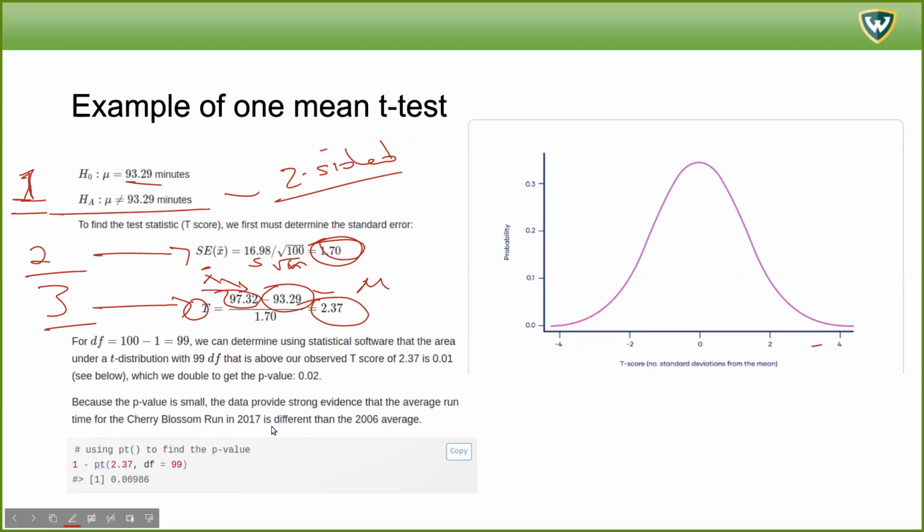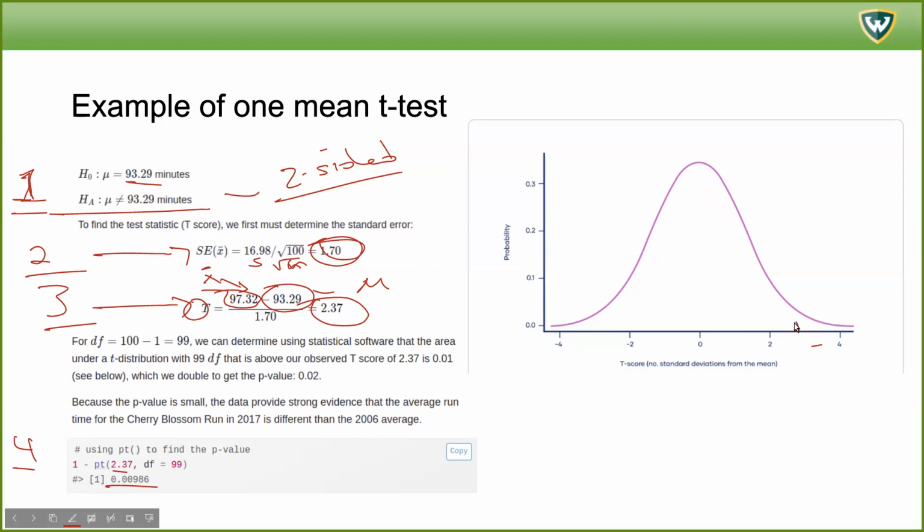So let's go on to see what happened here. We get the 2.37 t-score, and the last step is to find the p-value. We plug it into the function: the first number is the t-score, then the degrees of freedom of the sample you have, and then you get a p-value, a probability value. So where is this 2.37?